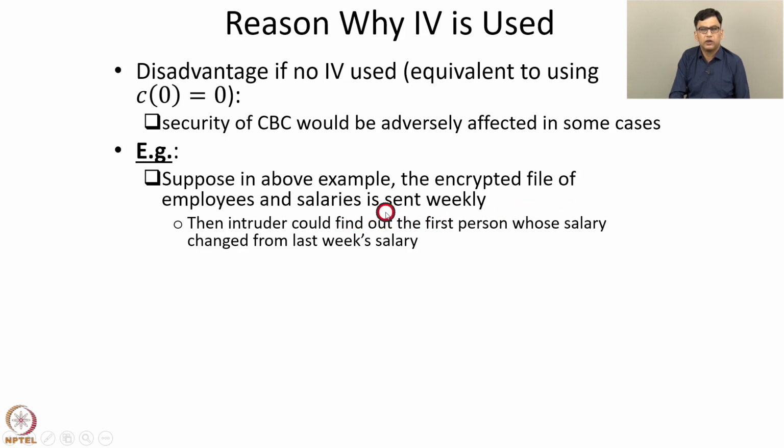So the first several bytes of the files are the same since the list of people as well as the salaries have not changed. So the intruder could find out the first person whose salary changed from the last week's salary. That's because no initialization vector is used. If the first few bytes of 2 different plaintext messages are the same, then the corresponding ciphertext blocks will also be the same. This happens because the IV is not used.